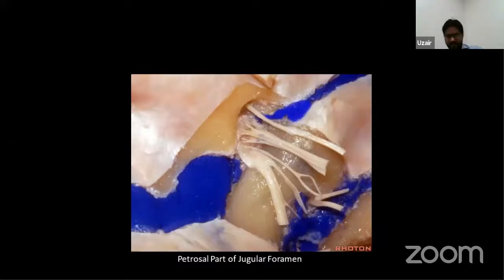Like we discussed, these cranial nerves 9, 10, and 11 are going to exit the cranium through the jugular foramen. So again, this is 9, going to traverse through the jugular foramen, pars nervosa part, and then we have the 10th and 11th cranial nerves going to pass through the jugular foramen through the pars vascularis part.